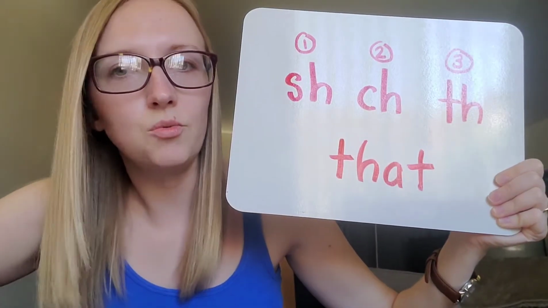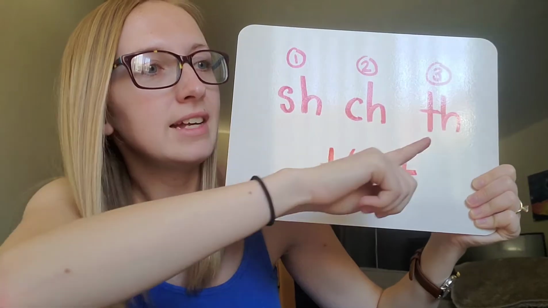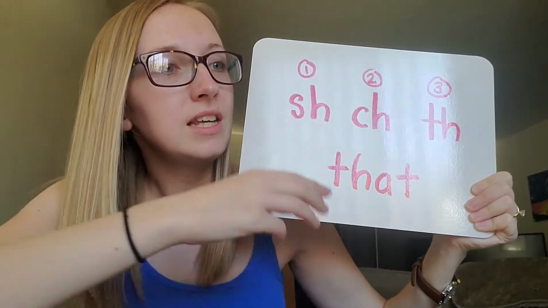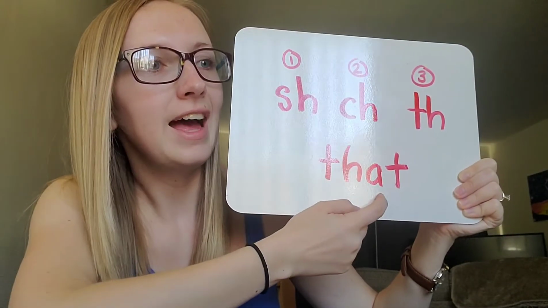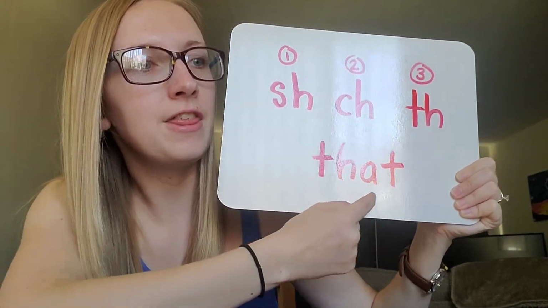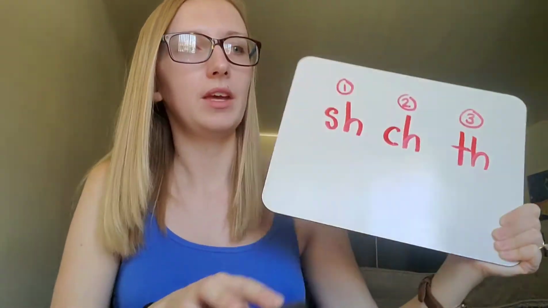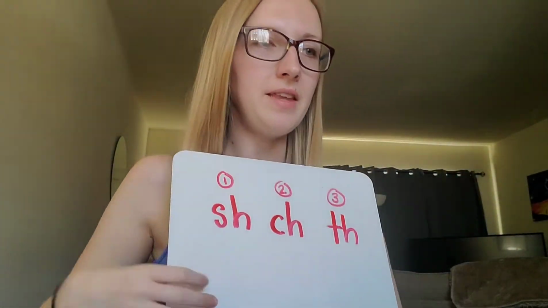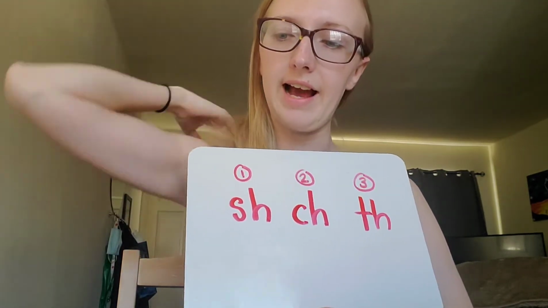Does this have sound 1, 2, or 3 in it? Sound 3, it has TH. Well, this TH is the sound. At, that, that. Okay, I'm going to keep this here, and then I'm going to say a word, and you guys are going to show me what sound you think it has in it.